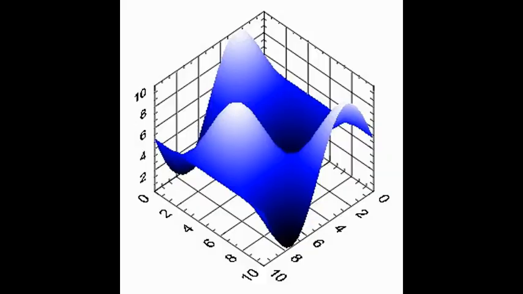Space has 3 dimensions and is infinite in its 6 directions, called up, down, left, right, forward, and backward.